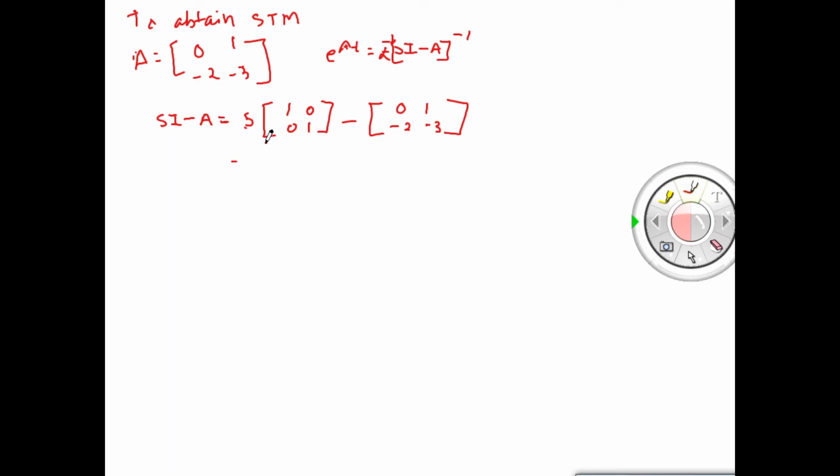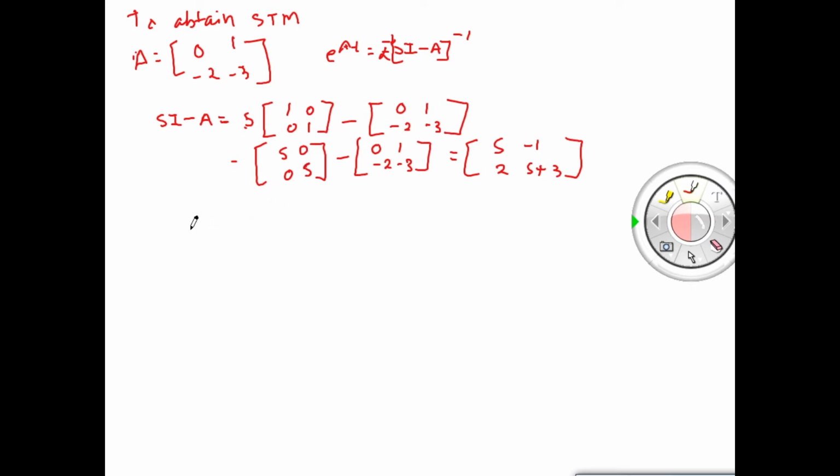Just multiplying this matrix, it gives [s 0; 0 s] minus [0 1; -2 -3]. The answer of this matrix will be [s -1; 2 s+3].